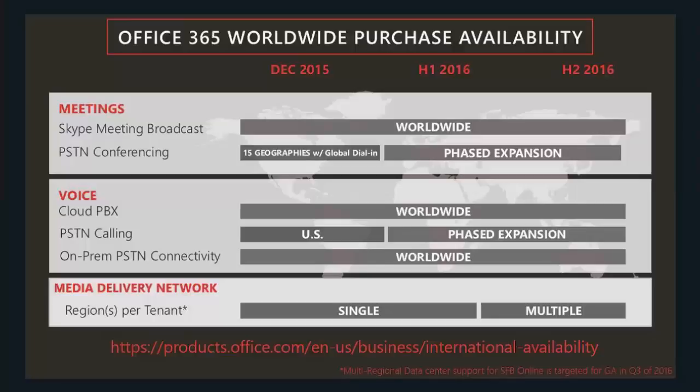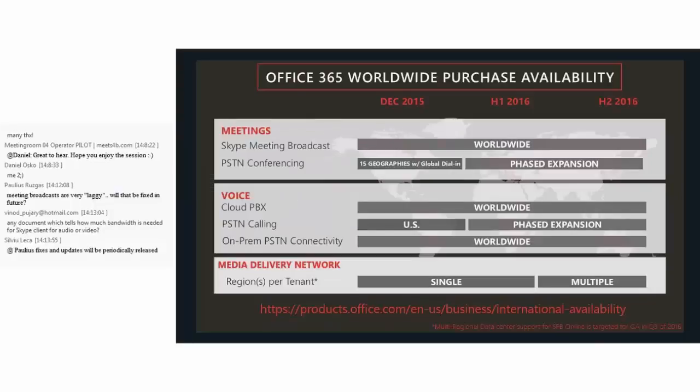Then we have another cool thing that is coming soon, and this is something that would interest, let's say, very big customers and companies that have offices around the world, maybe on different continents. This is a thing where you can, for example, choose to use the same service but from different regions.